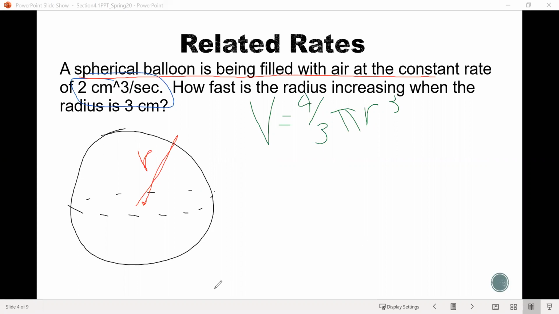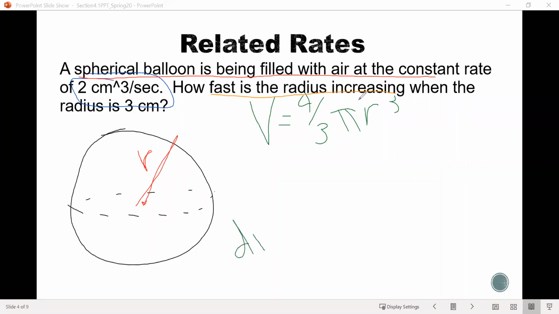And again, we're trying to figure out how fast the radius is increasing at a certain point, right? We want to know how fast the radius is increasing when the radius is 3 centimeters. So let's try to write this in terms of derivatives. If we're trying to find how fast the radius is increasing, well, we're looking for a change in the radius.